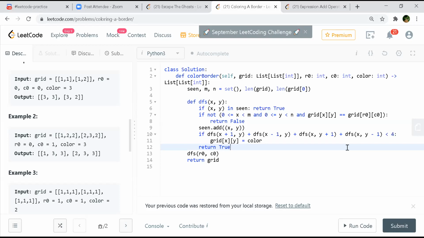But I think he handles that on line number 7, where he checks that grid x, y equals grid r0, c0. If they are not of the same color, he still returns false. Yeah, but what he's saying is, if you return false and they are all 0, then line 11 is still valid and you will color it, right?